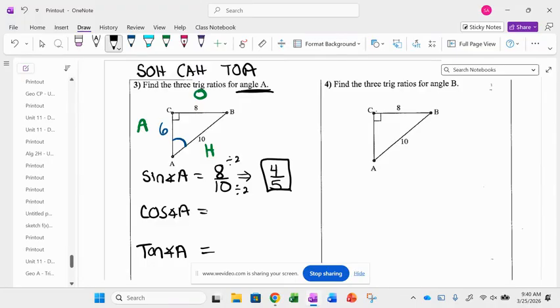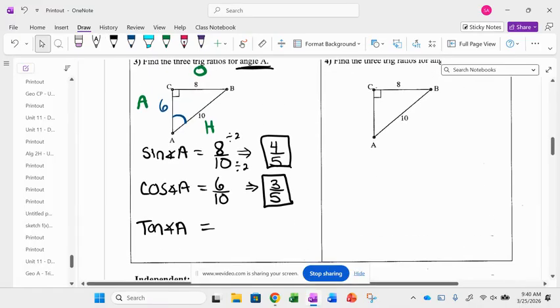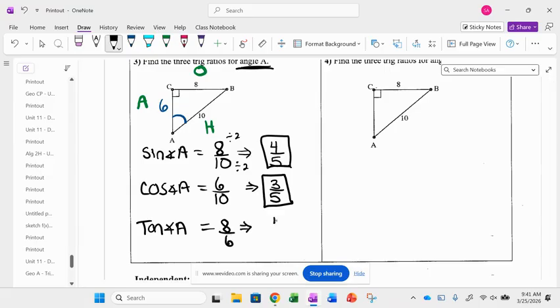Jack M, what's the cosine of angle A? Which simplifies down to? Jay, what's the tangent of angle A? Which simplifies down to? 4 over 3, perfect. We get it?